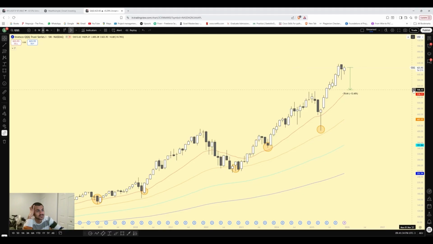So I can set an alert here, or when it starts going down, I can sell here and make an alert here. Moving averages can also be used to assume how much the price can fall. So if the price is here and the moving average is here, you know that it will come back to touch the moving average as a support. So it can fall from here to here.